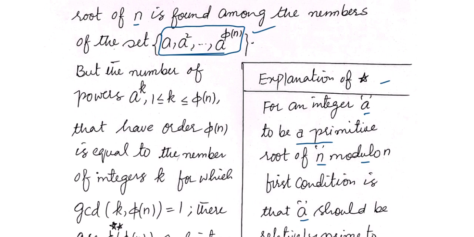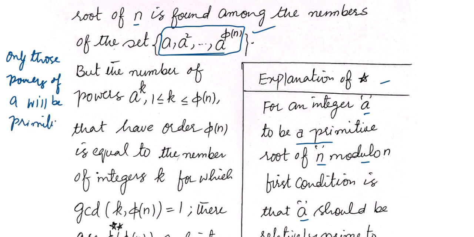These are the powers of a. Next, this is the important line that I am going to write here: only those powers of a will be primitive roots of n.